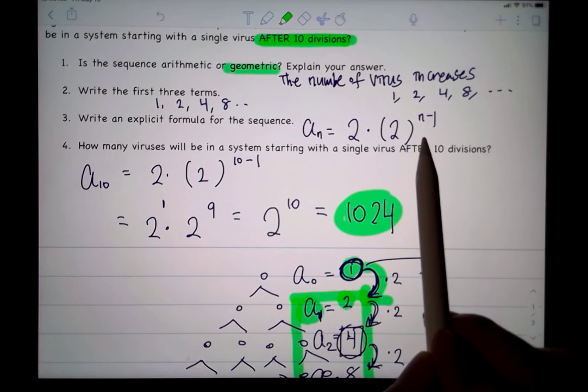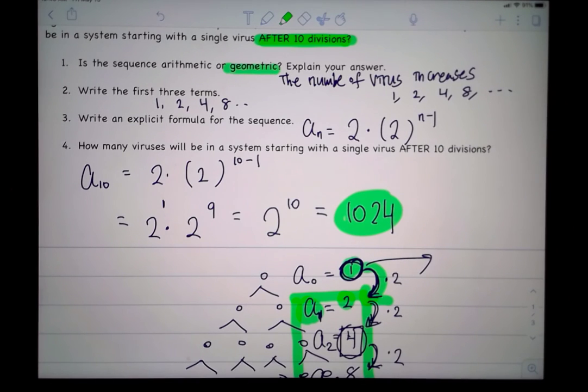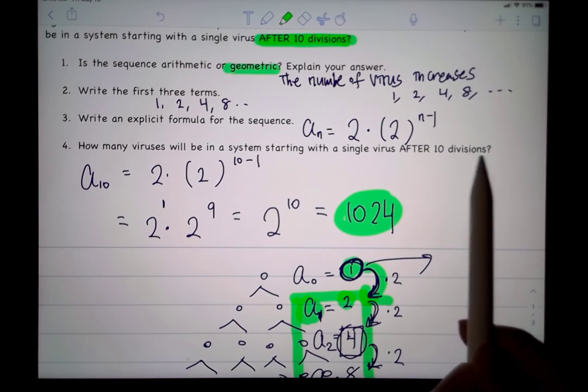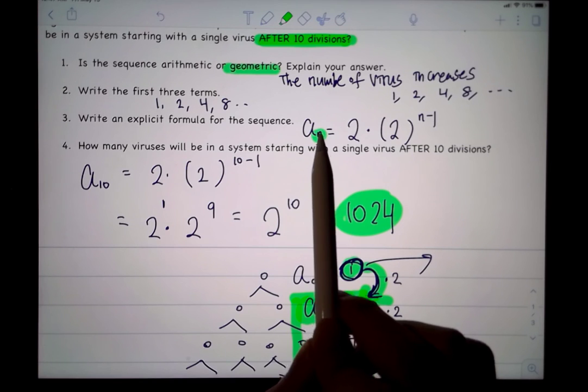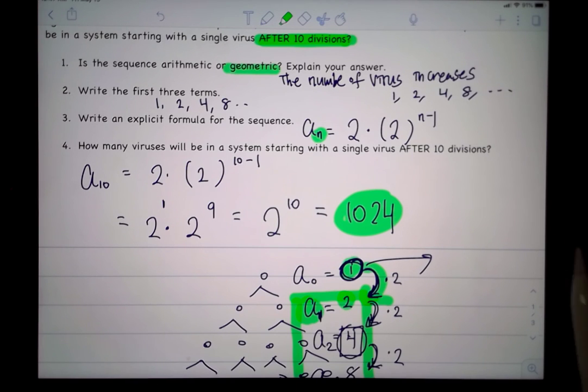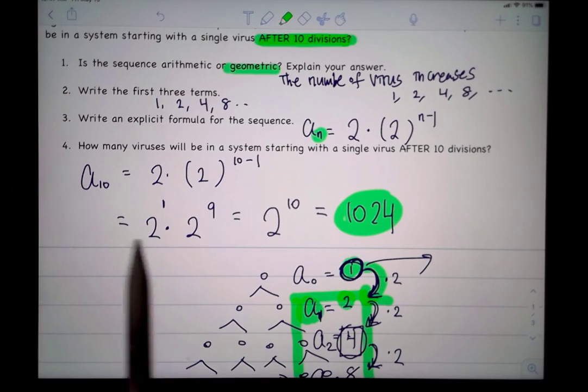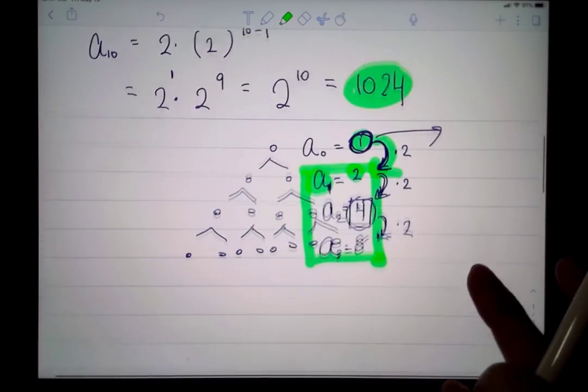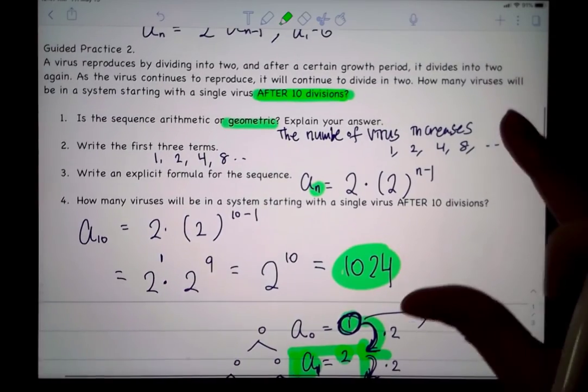The other things are exactly the same as what we did before. And number 4, after 10 divisions, this is already after n divisions, so you can just put 10 into n. That's it.